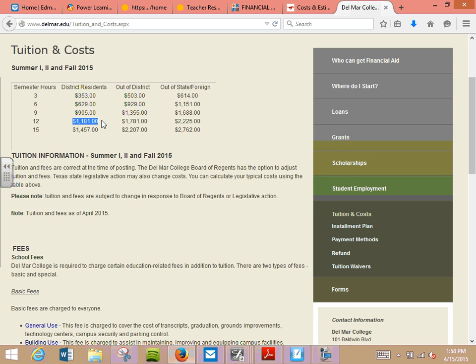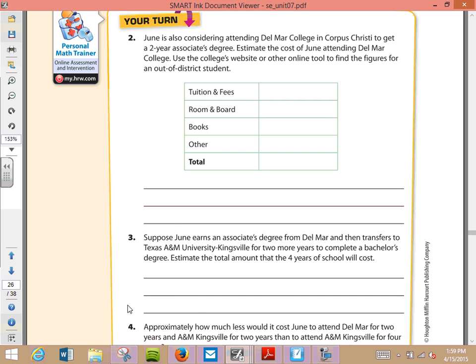If you live in that district, this is for out of district, and the last one is for out of state or foreign. The more separated you are from the area, the more you pay. So let's pretend that you are from the district and you're going to pay 1181. So that's going to be the cost of tuition for a year.